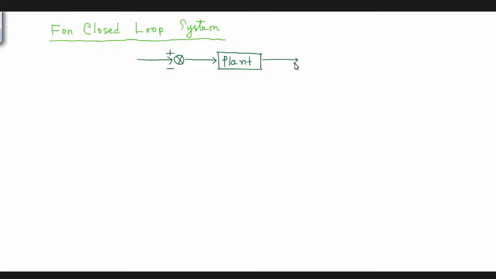After that, we have input here, definitely, and we have output. Then we have error, e double r, and we have feedback.